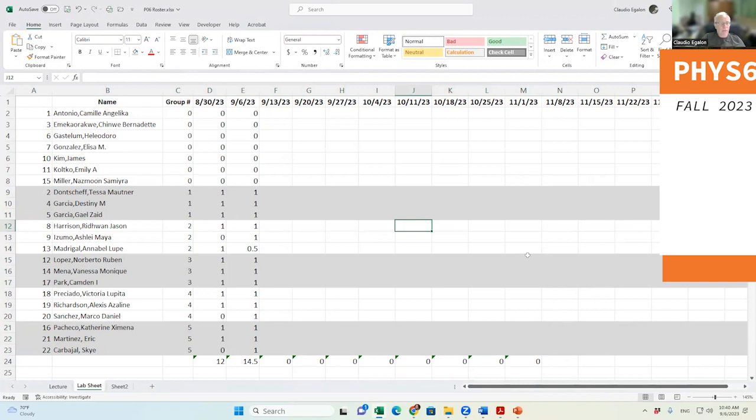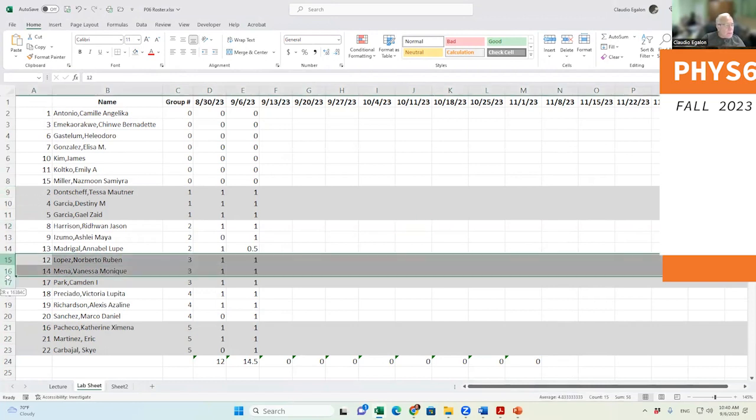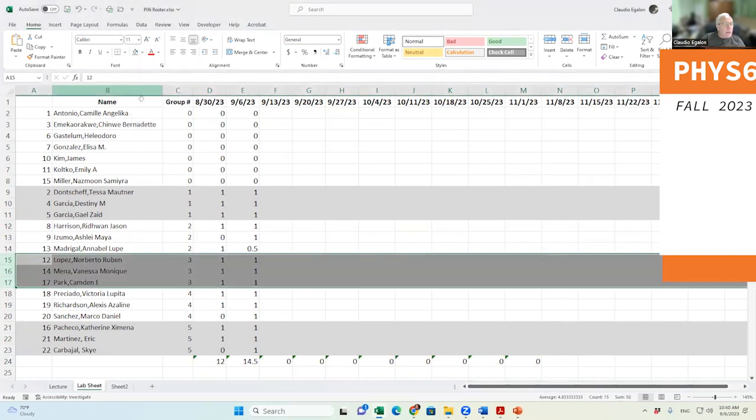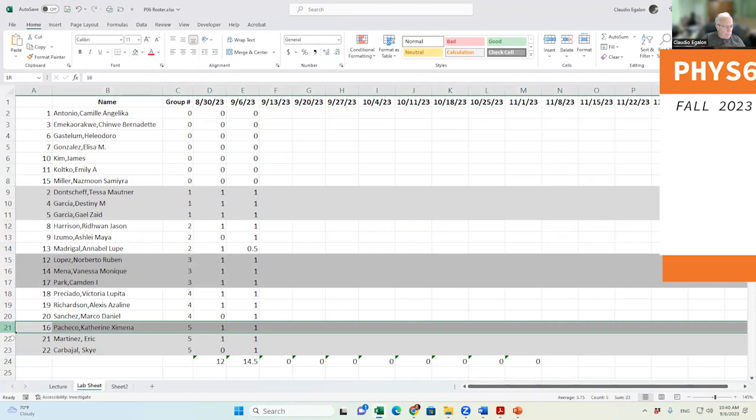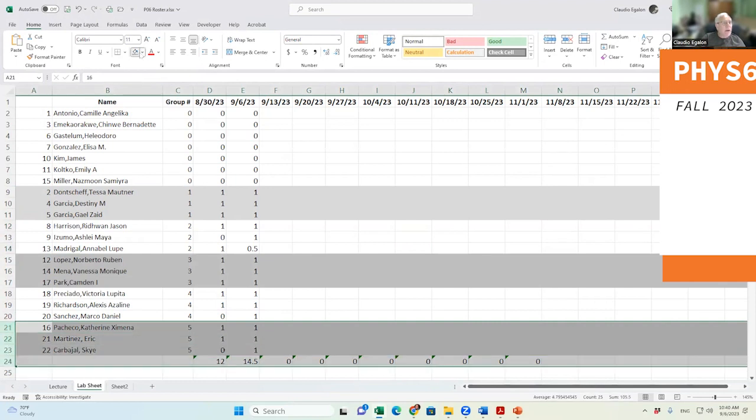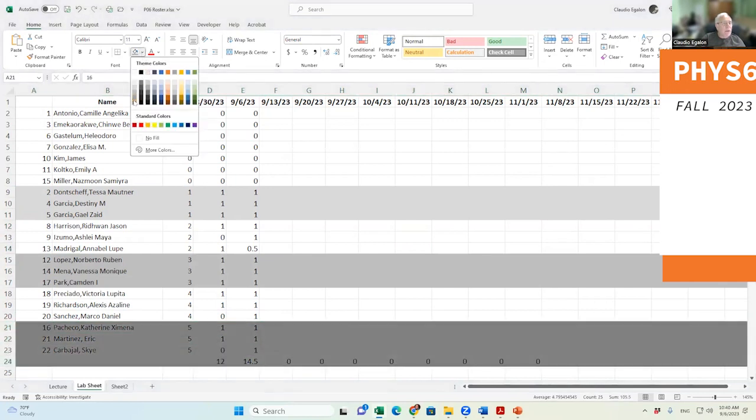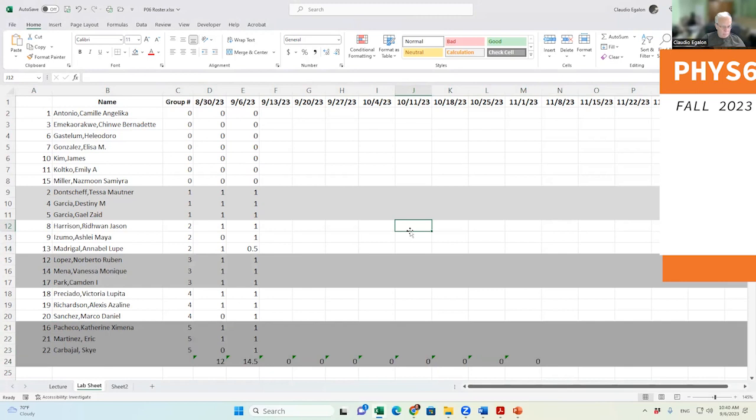Now it's easy to identify everybody that's in a different group, right? Let's do better than that. A little bit darker, yeah. And a little bit darker. Too dark. Okay.